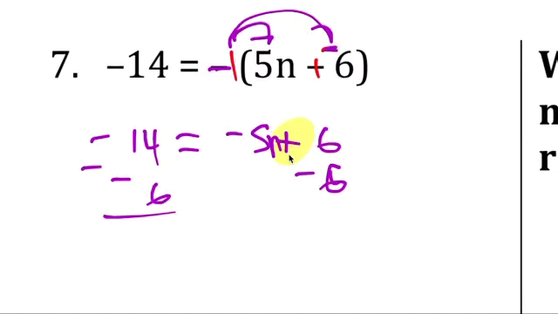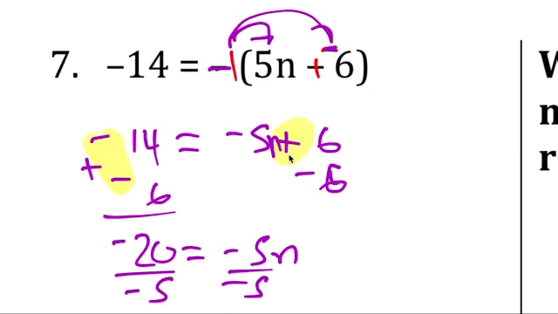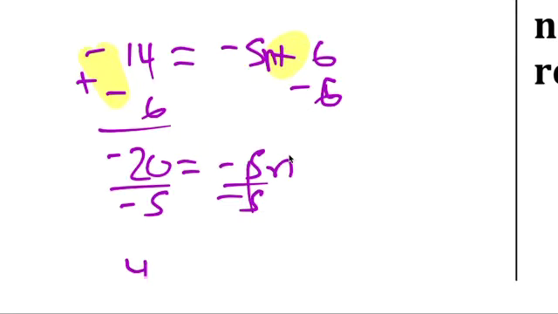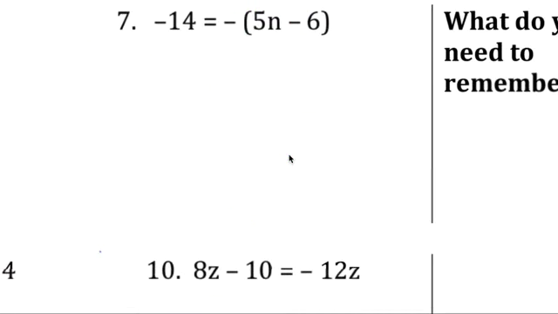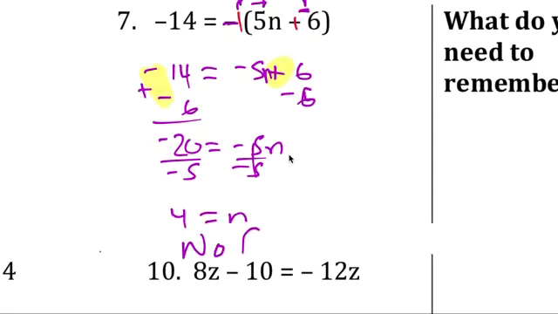Two negatives you add right here. Negative 20 equals negative 5n. Divide by negative 5. Get n equals 4. Oh, one solution. One solution.